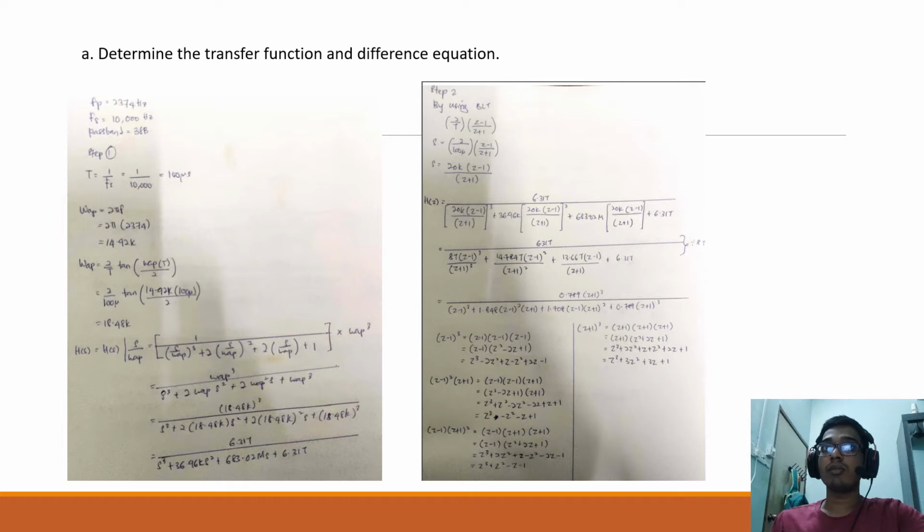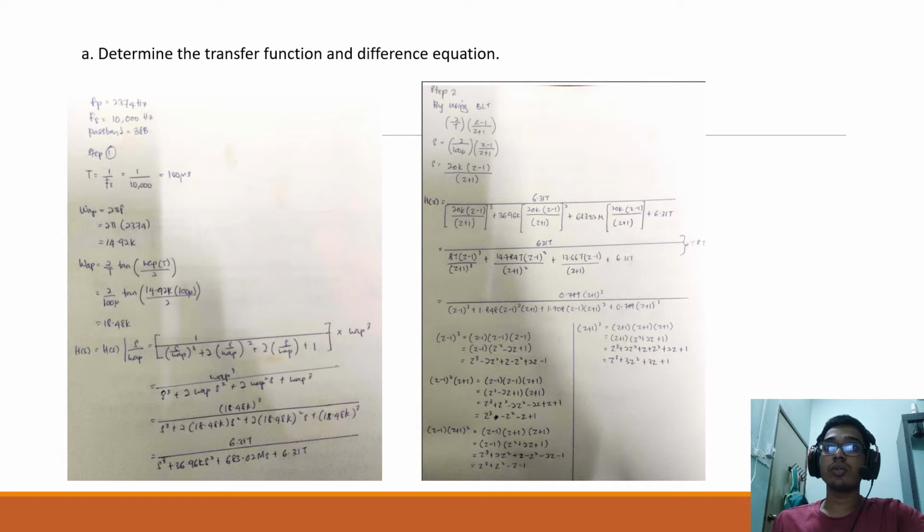For step 1, we need to identify T, which is time, 1 over Fs. So 1 divided by 10,000, we get 100 microseconds.